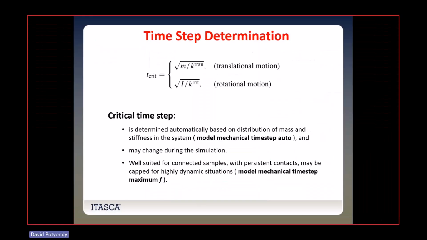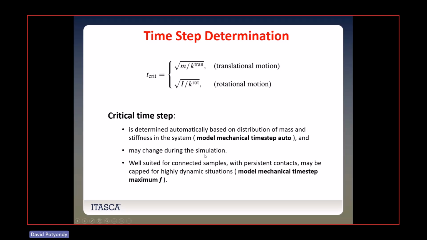So notice that this critical time step is based upon the mass and the stiffness in the system, because this gives you the critical time step for one particle. Okay, and what you do is you figure out the critical time step for all particles and you take the smallest. Okay, and so it's based on mass and stiffness in the system, and it may change, right?